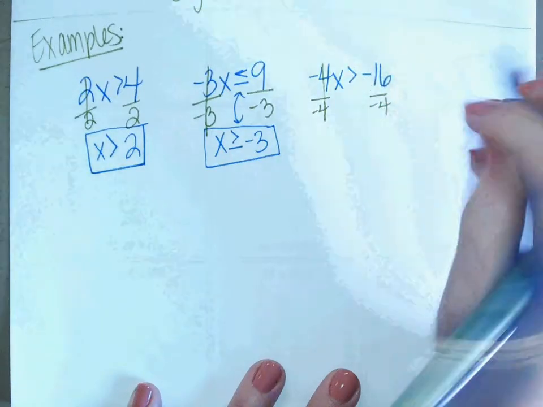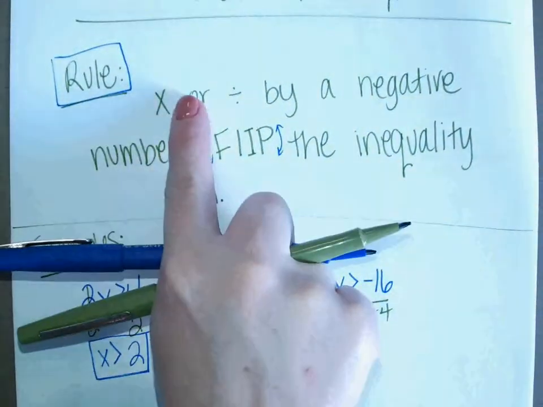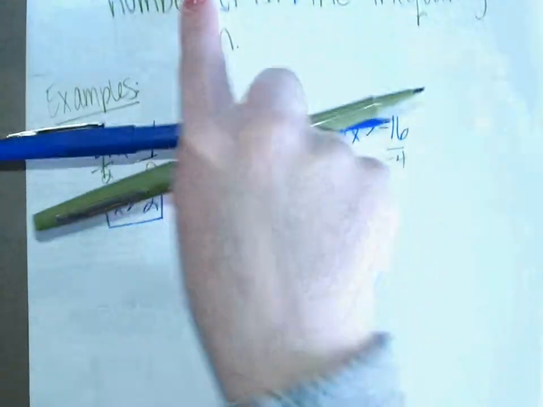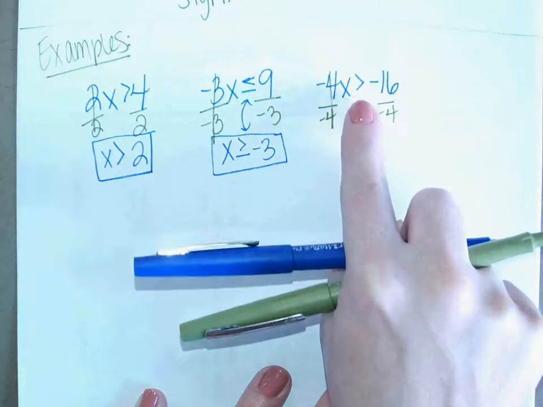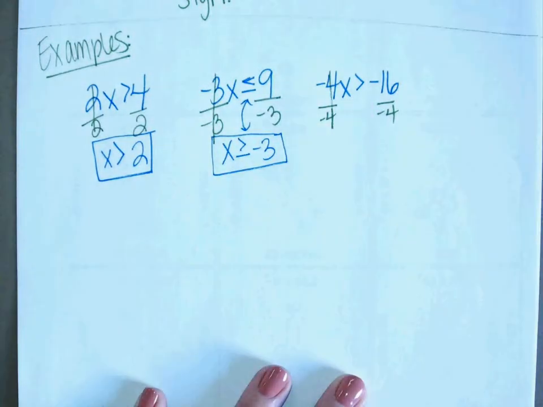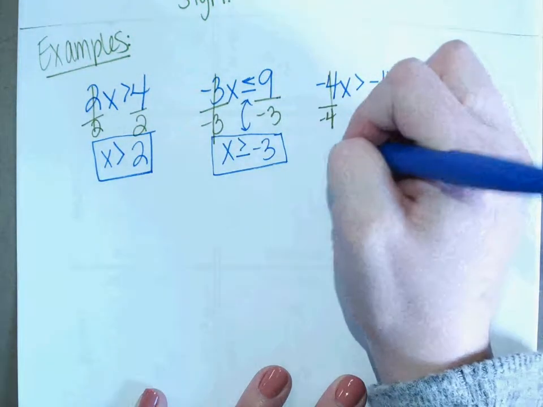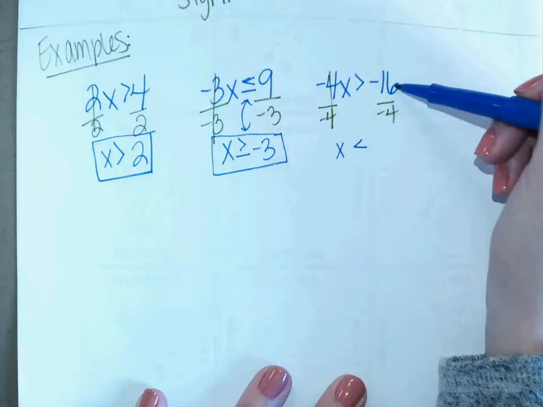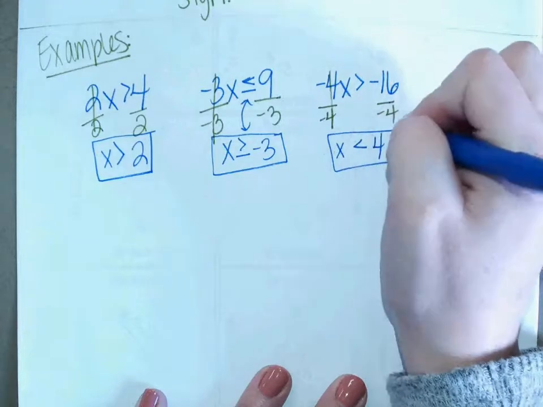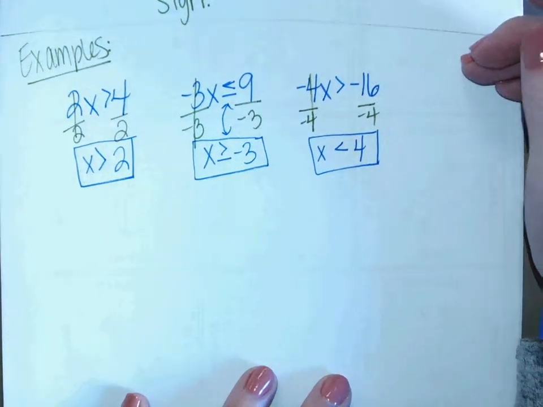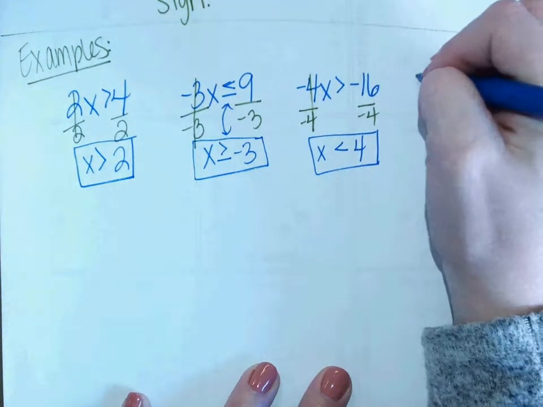Guys, did you multiply or divide by a negative number? Yeah, you divided by a negative 4. So then it flips. Instead of a greater than, it's going to be a less than. And negative 16 divided by negative 4 is positive 4.